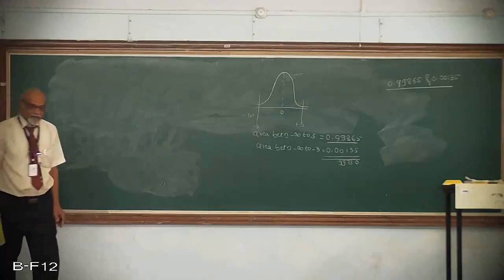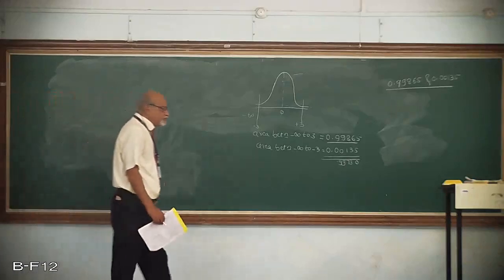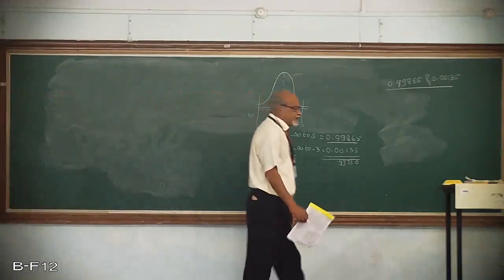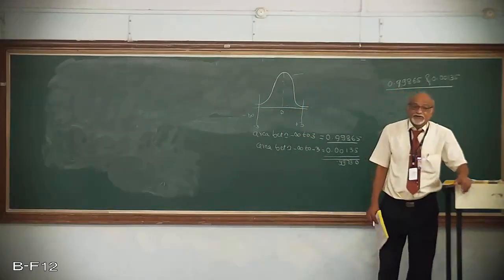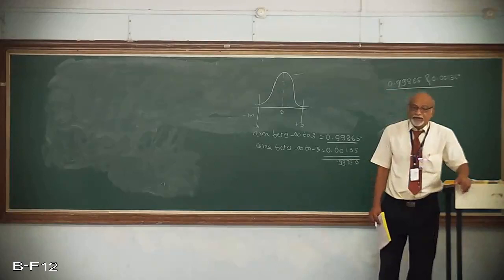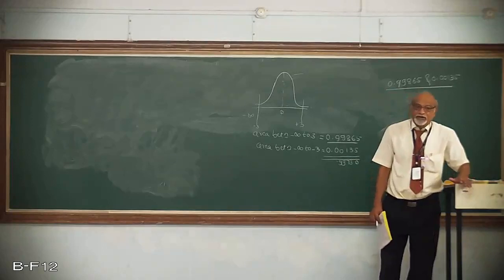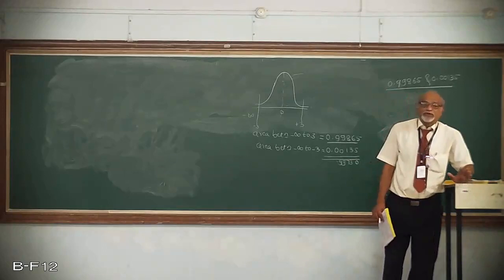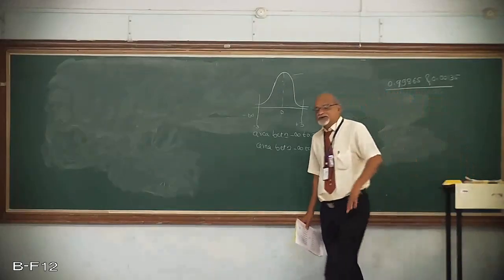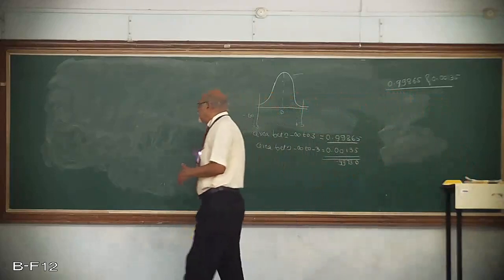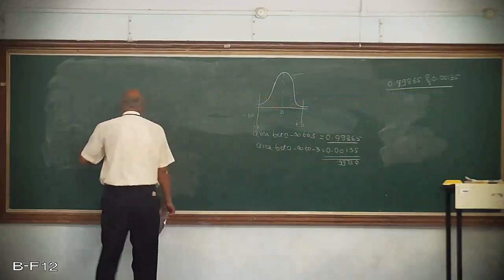Whereas in the case of the U chart, its average value is U bar, but its variance is U bar divided by n, not U bar. Hence, it follows the normal distribution. So let us take up an example.